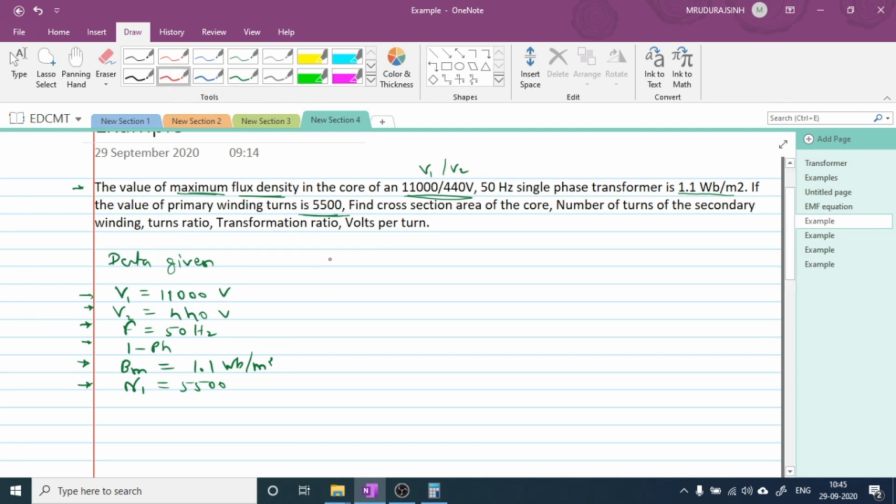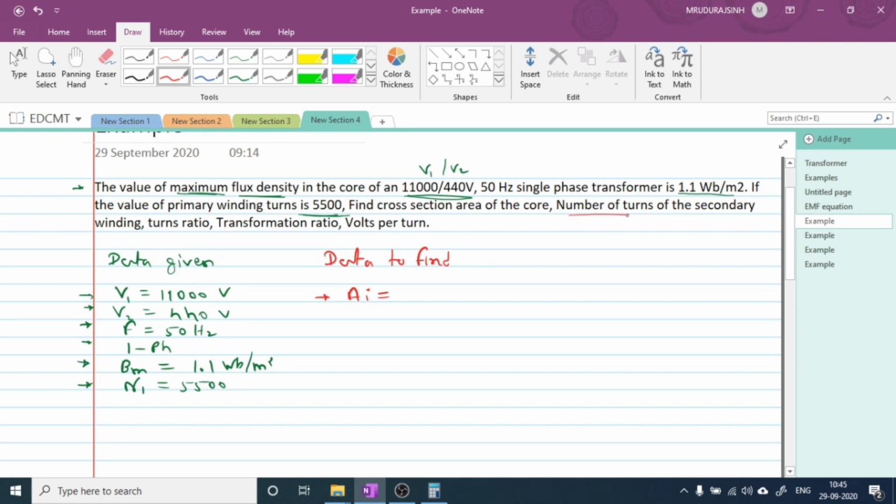So we'll write data to find: cross section area of core, which will be mentioned as Ai. Ai is the cross sectional area of core. So we need to find this.